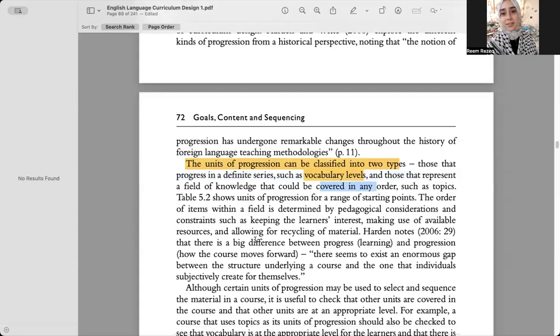And also we have here regression for a range of starting points. The order of the items within the field is determined by pedagogical considerations and constraints, such as the learner's interest. We always notice that the curriculum is ordered in an integrated way.